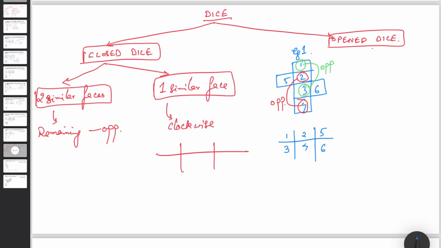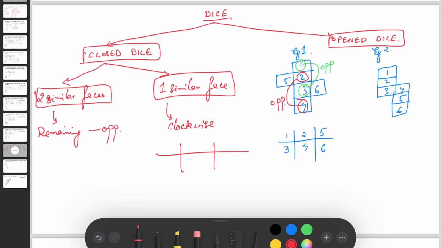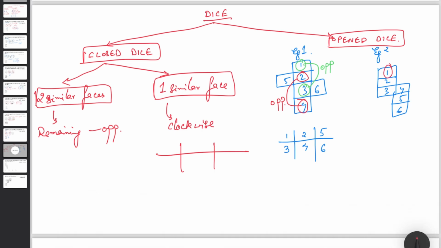Let me give you one more example. 1 2 3 4 5 6. In the second example, 1 and the 3 are opposite to each other because 2 is in the middle. 4 and the 6 are opposite to each other because 5 is in the middle.